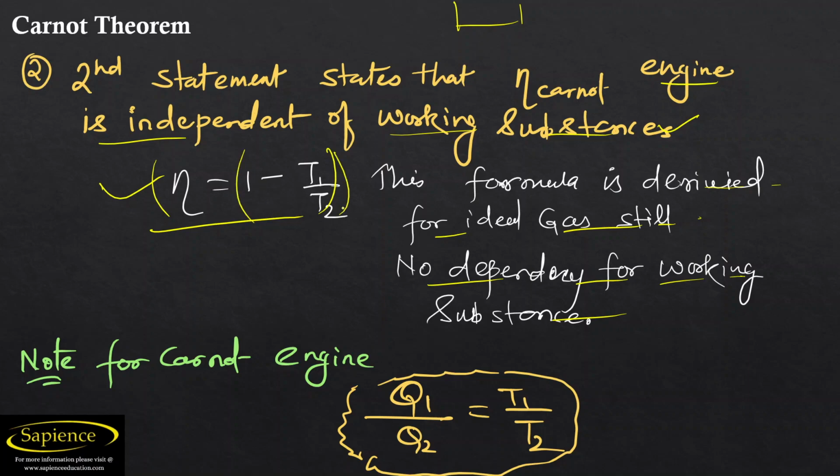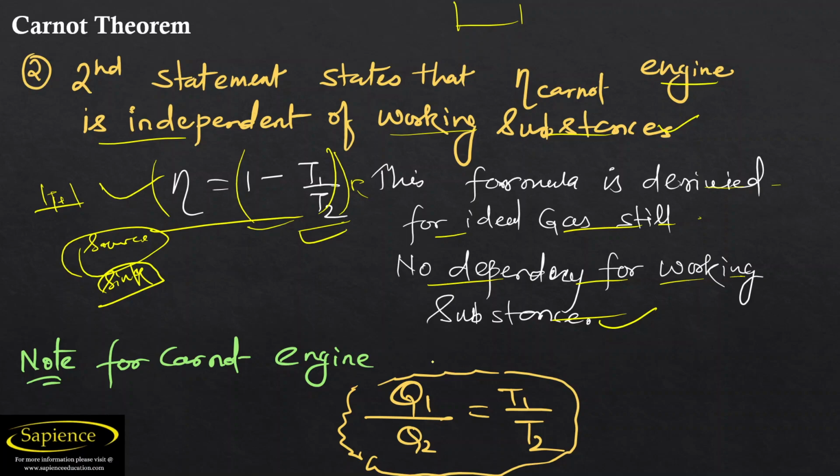See, is there anything like a gas property? No, it is only the high temperature as well as the low temperature, that is, the source temperature as well as the sink temperature. It does not depend upon the characteristics of any gas. So the Carnot engine only depends upon the source as well as the sink temperature.